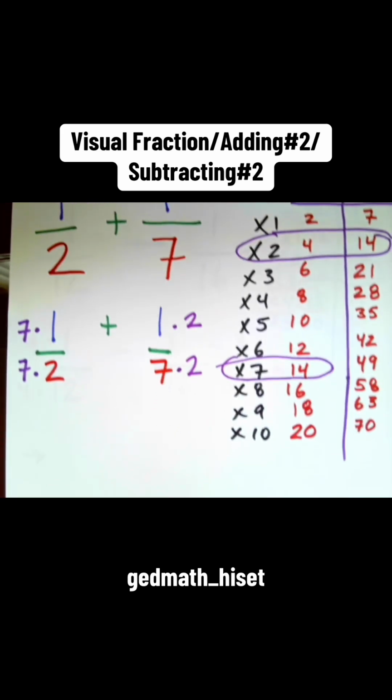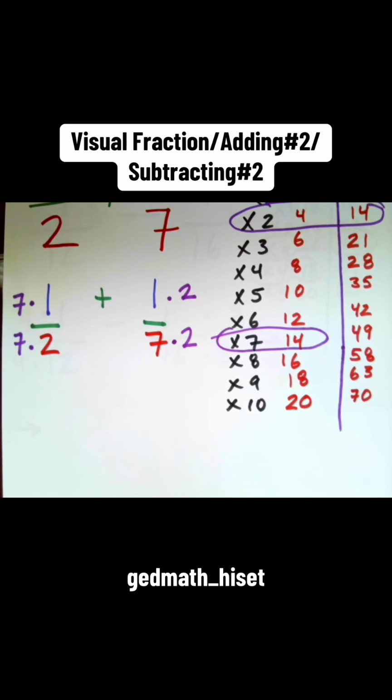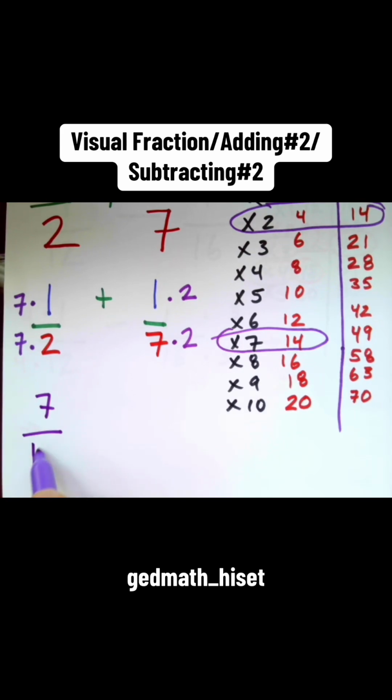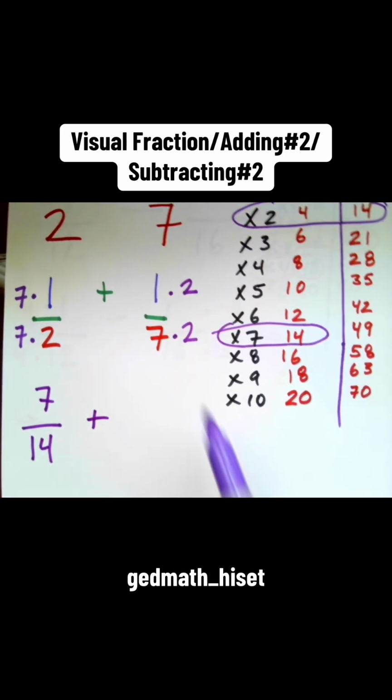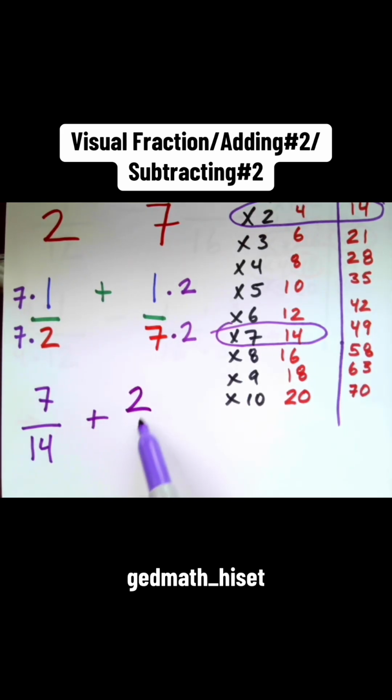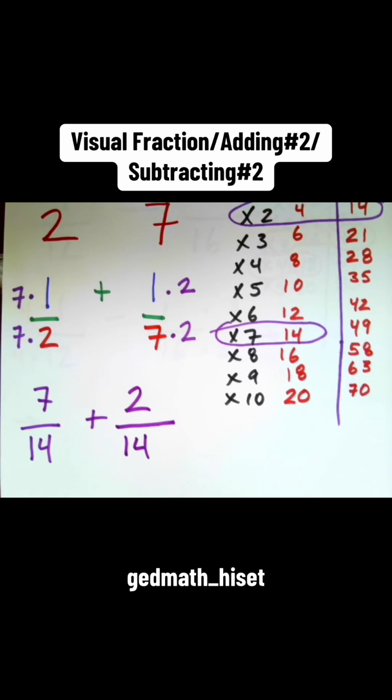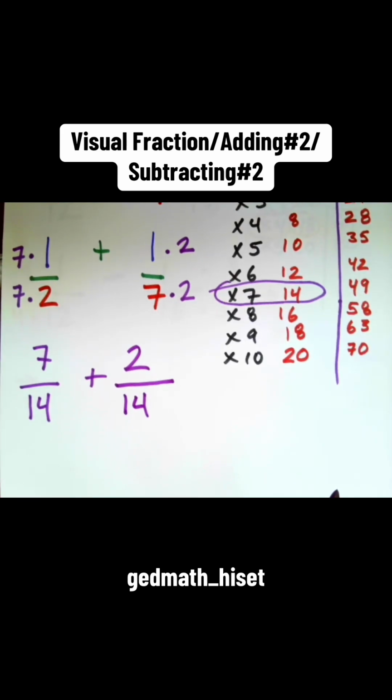So 1 times 7 is 7 over 7 times 2 is 14. Plus, we have 1 times 2 is 2, over 7 times 2 is 14. We have that common denominator.